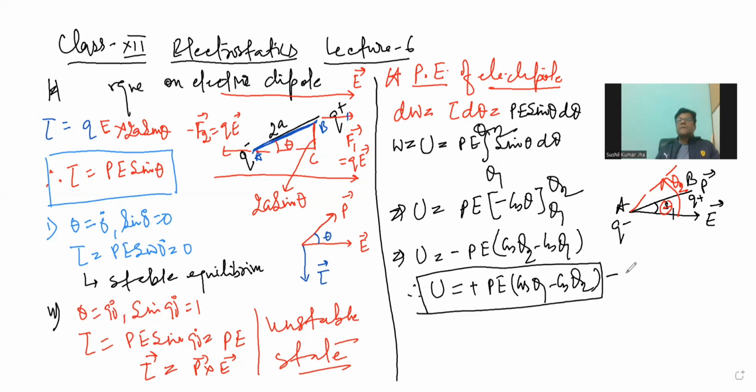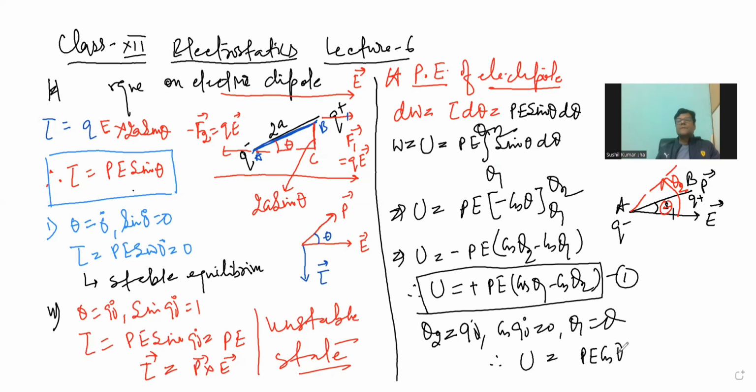This is one form. And if you want to write in general, then we can take theta 2 as 90. So cos 90 is how much? 0. Okay. Cos 90 is 0. And theta 1 as theta. Then U becomes, if we write it in the original, PE cos theta, right?